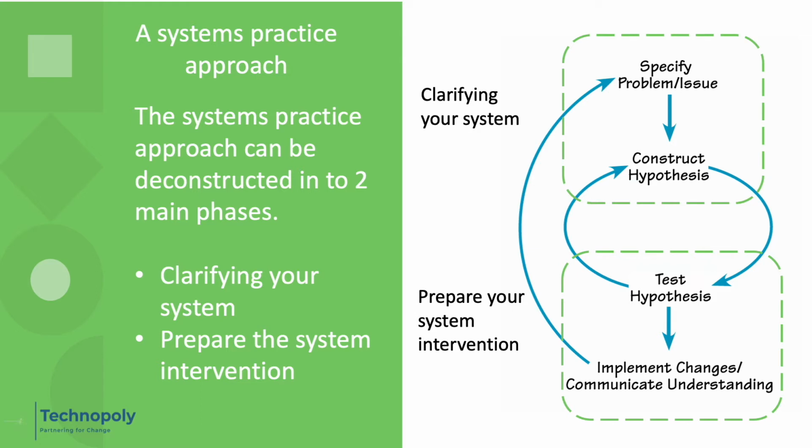In clarifying the system, we need to focus on the underlying notion of what the problem is and test some hypothesis as to what could be causing or influencing the problem. The second part is where we try to do some testing and see whether the ideas we have on the interventions are truly going to work and what people think about it.